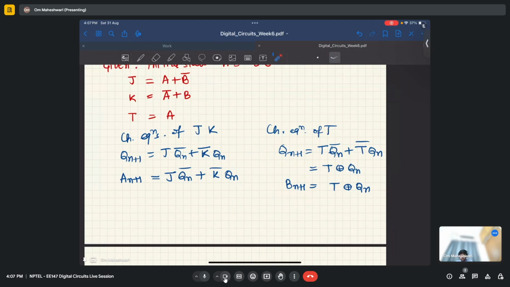Now I'll write the values of J, K, and T from here.